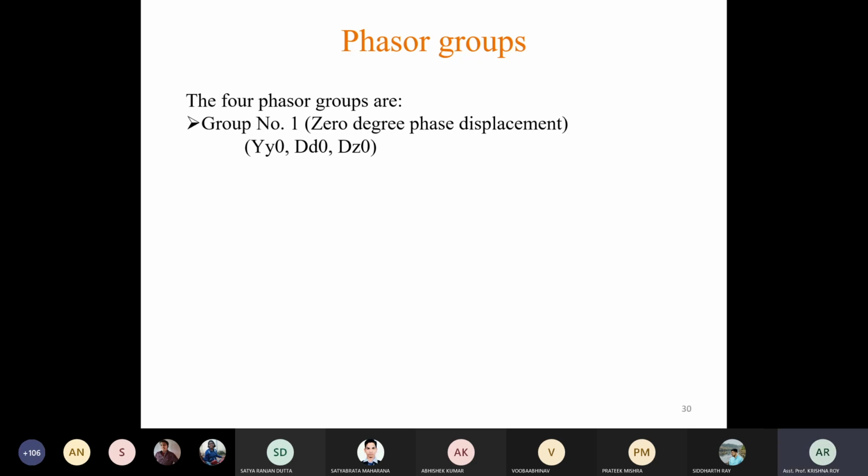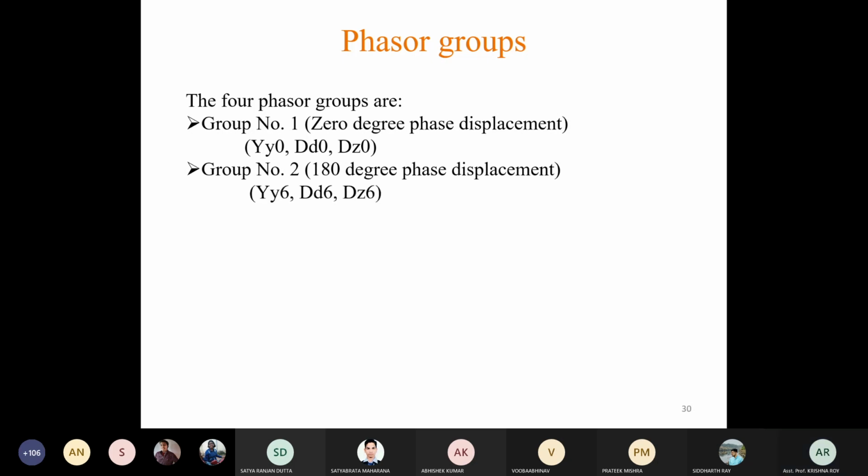Next is group 2, which is 180 degree phase displacement: YY6, DD6 and DZ6. 6 means the hour hand is at position 6. So the high voltage line EMFs and low voltage line EMFs are 180 degrees out of phase. Group number 3 is minus 30 degree phase displacement.